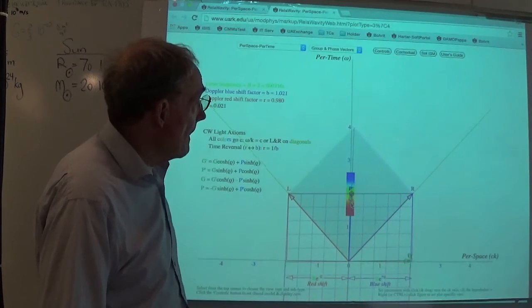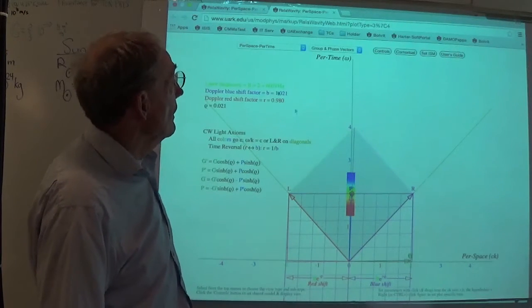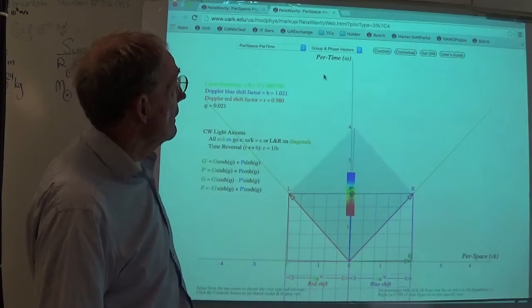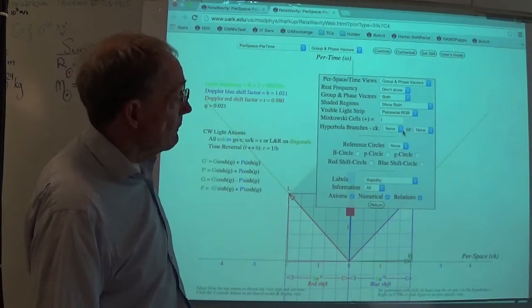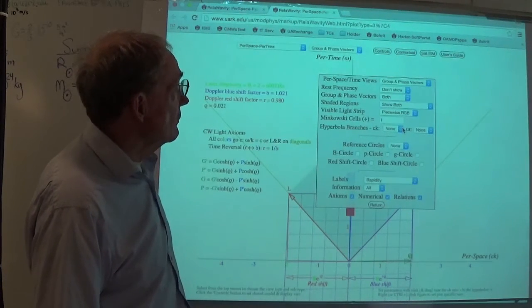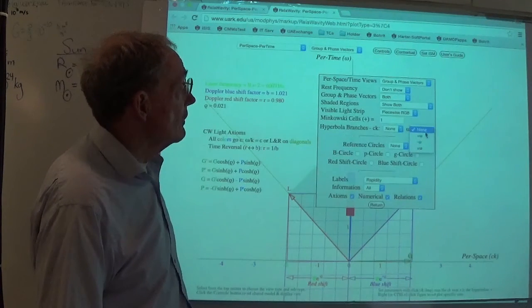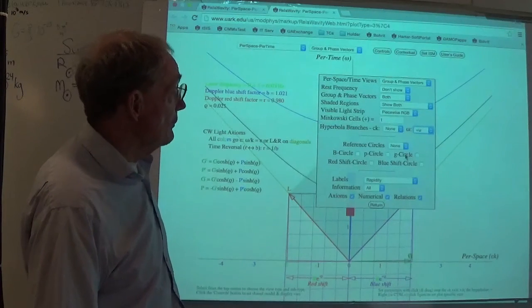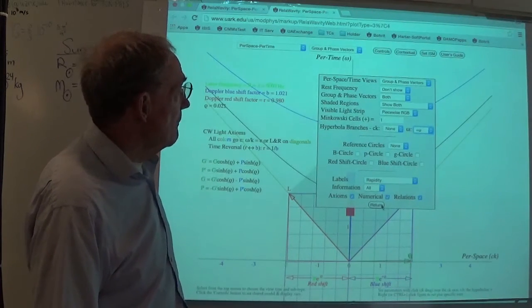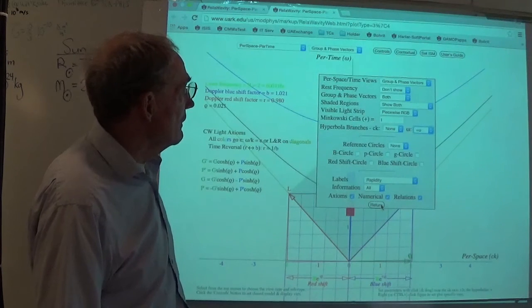And I'll start the thing right there and, control clicking here again, ask for hyperbola branches. Particularly interested in frequency. That's the one we're going to construct. I'll just do the plus omega one, actually both of them. You could get both of them for the price of one here.